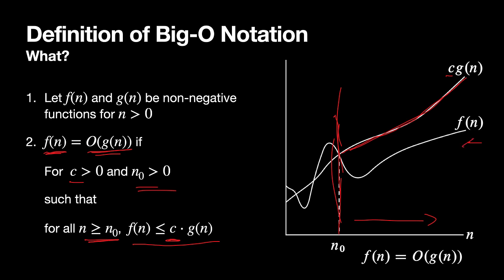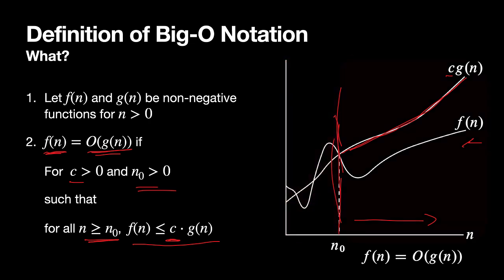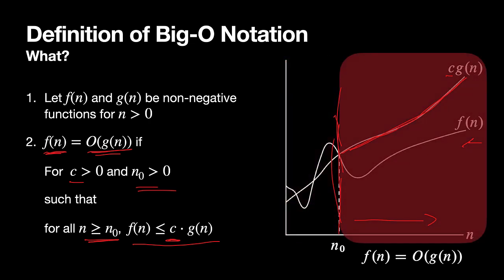We can bound it and say, well, it will be no worse than this. Okay, so that's the definition of the big O notation. The big O is about having a bound above our function. And again, we ignore the startup point, and we're really focused on this growth area after that.